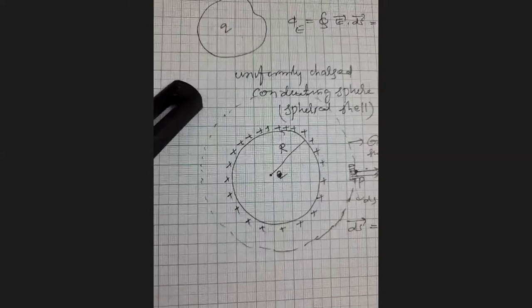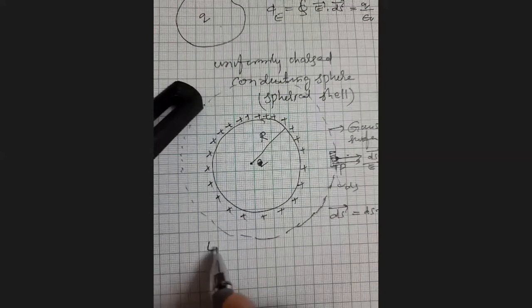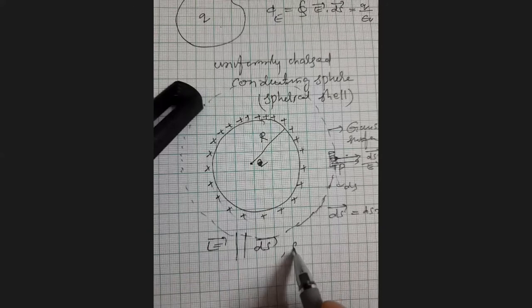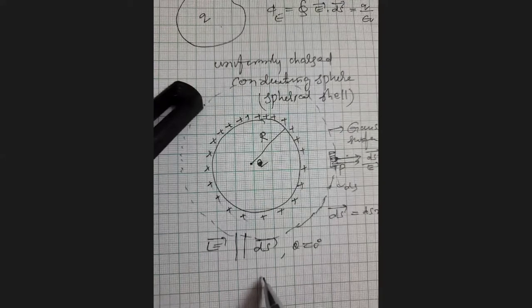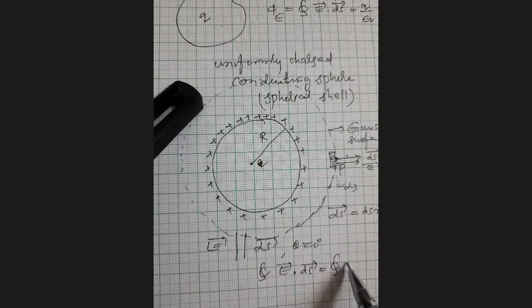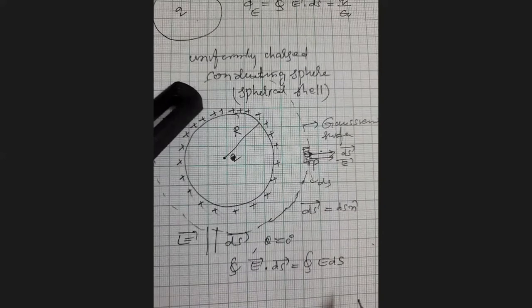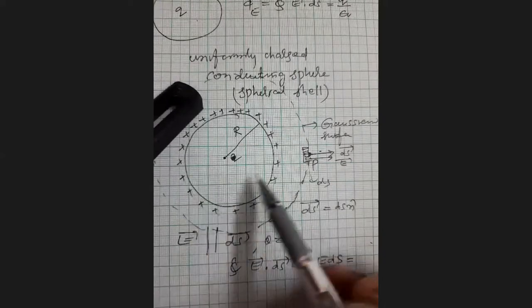So what is the angle between E bar and ds bar? The E bar is parallel to the ds bar. Angle theta is equal to 0 degree. Therefore, closed integral E bar dot ds bar is equal to closed integral E ds cos 0, that is E into ds, cos 0 equals 1.